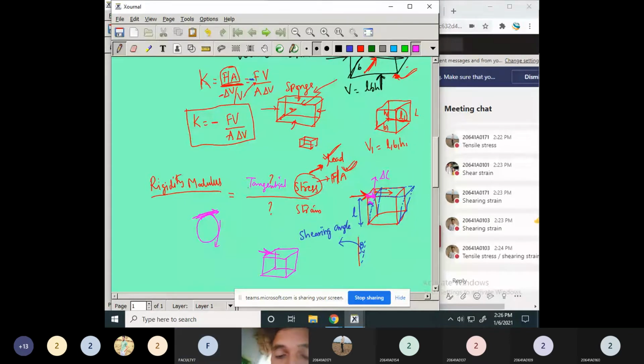If you have a sponge and there is no force applied at the bottom, and you apply a force on the top, the sponge will move like this. There will be angular displacement. The bottom remains as it is, there is no change at the bottom, but on the top you are going to get a shearing strain.